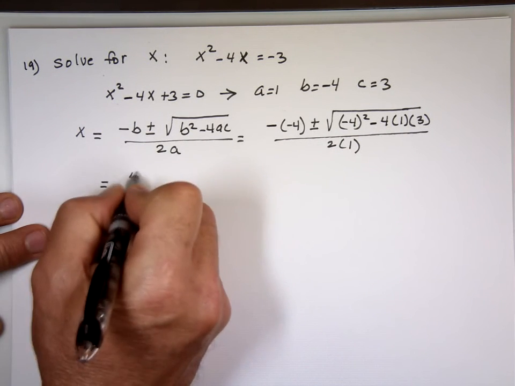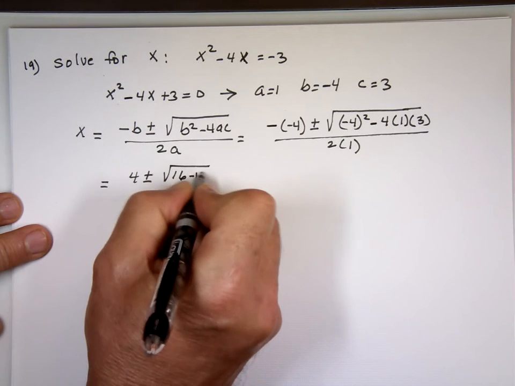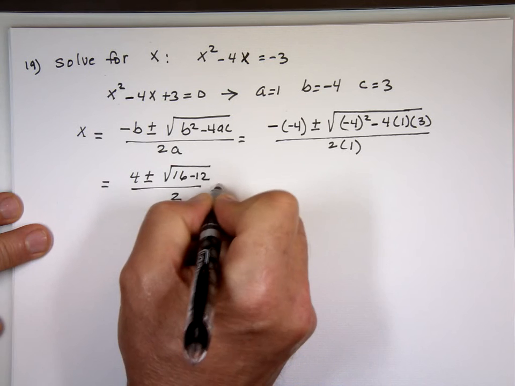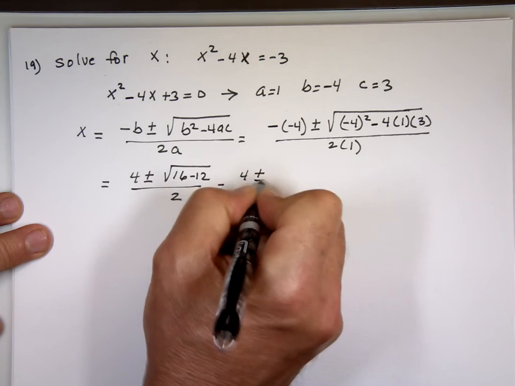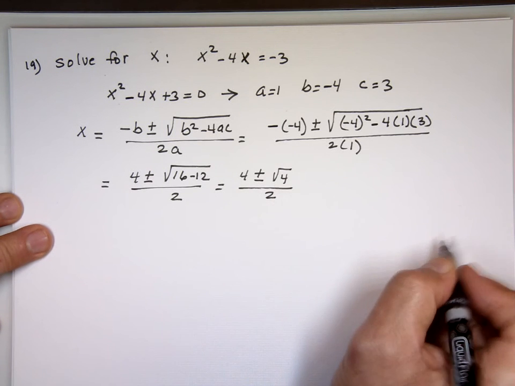Plus or minus 16 minus 12 over 2, square root of 4 over 2. What is the square root of 4? That's a 2.